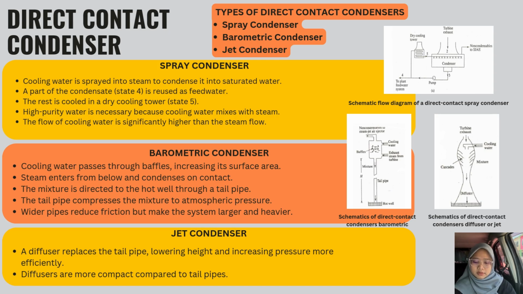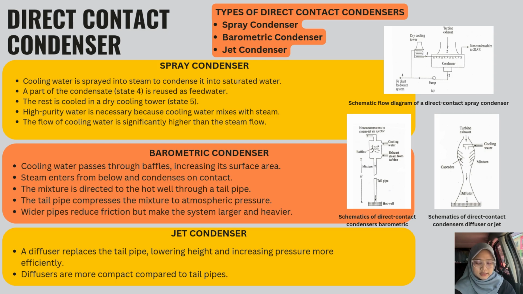The wider pipe reduces friction, but makes the system larger and heavier. Last is jet condenser. A diffuser replaces the tailpipe, lowering height and increasing pressure more efficiently. Diffusers are more compact compared to the tailpipe.